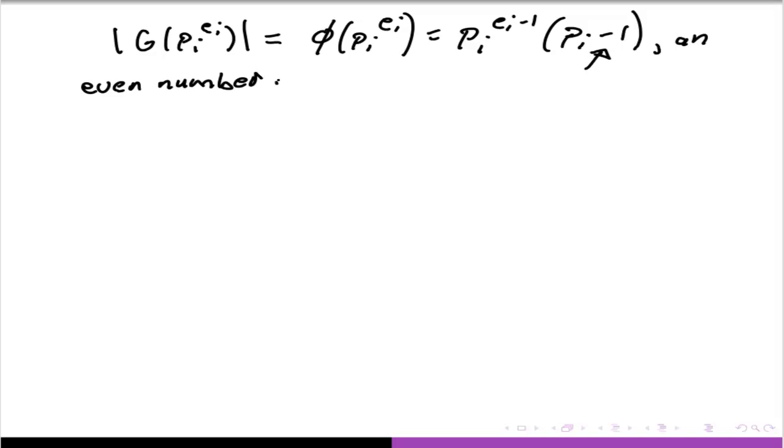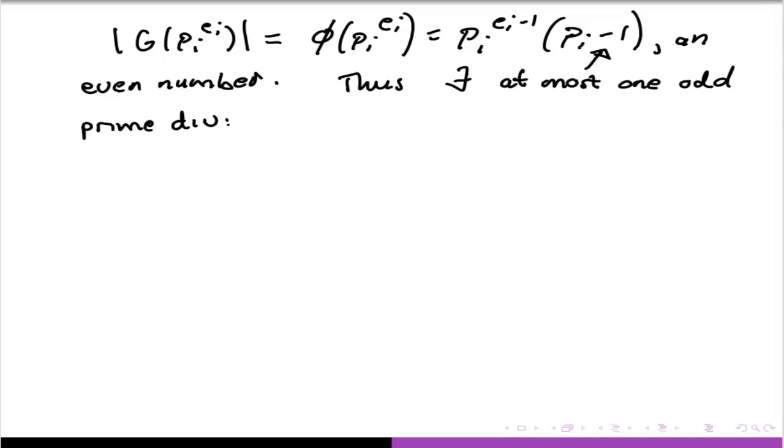Which means you can have at most one odd prime factor if the orders are going to be pairwise relatively prime, because any 2 would have a common factor of 2. Thus, there exists at most one odd prime divisor.